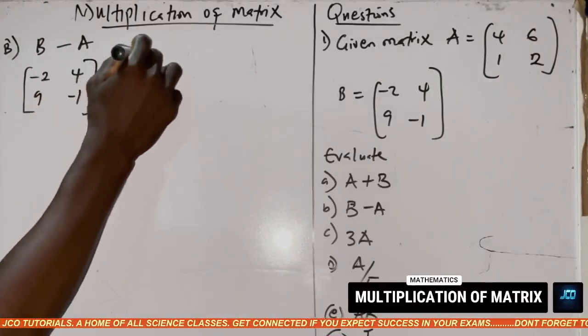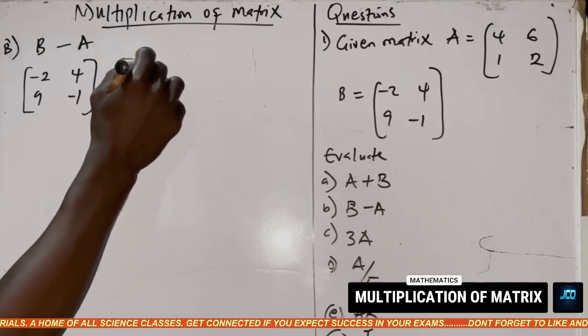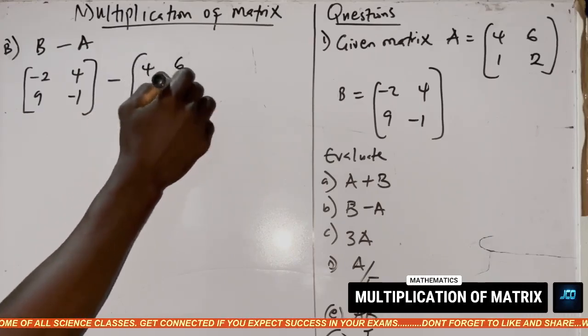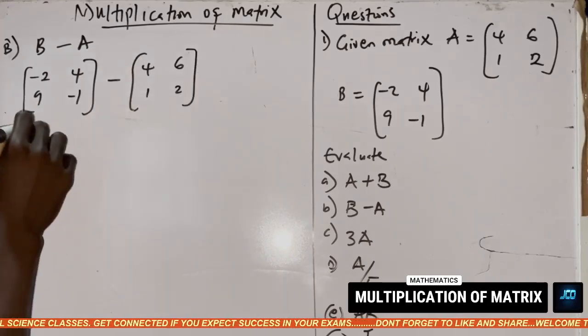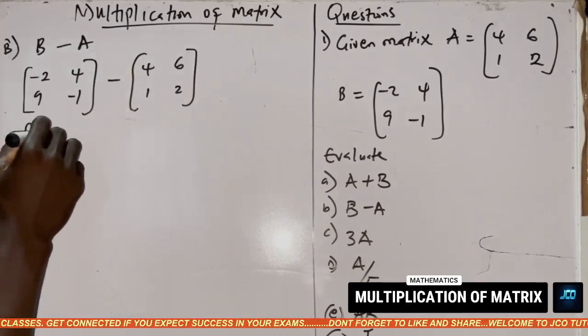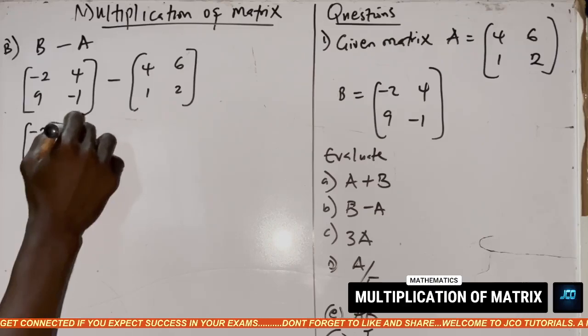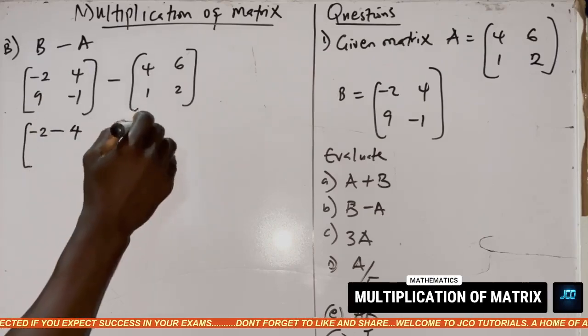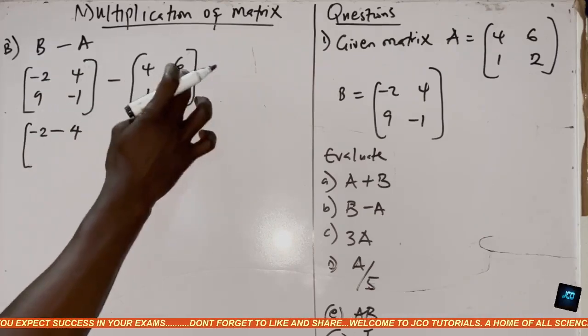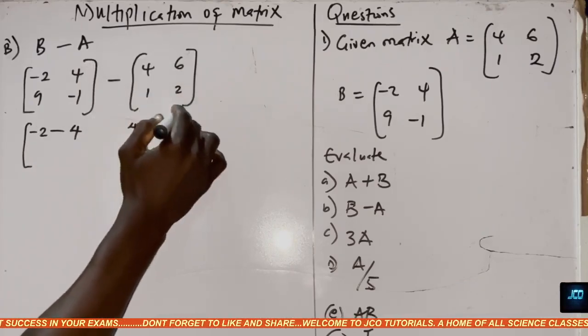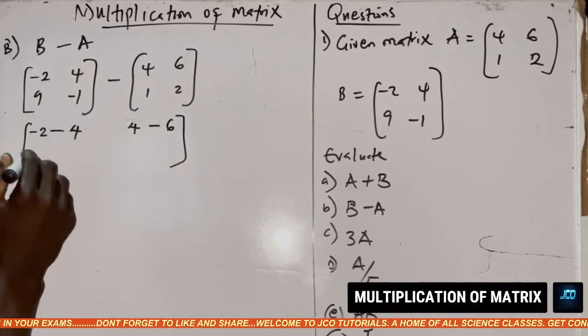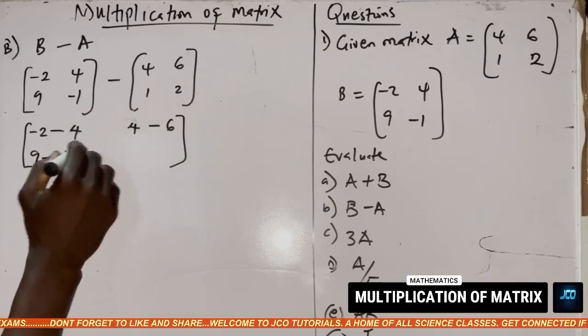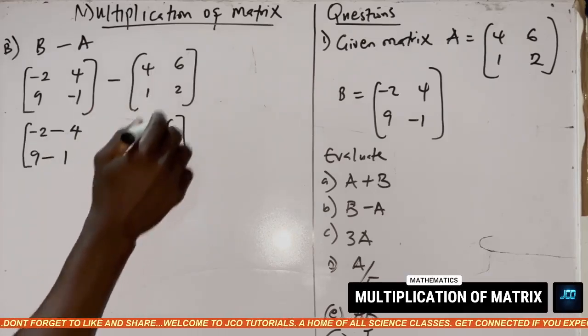Then we are subtracting what? A, which is 4, 6, 1, 2. So you go on, -2 here, minus 4 there. Then 4 here, minus this 4 minus this 6. Then 9 minus 1. Then -1 minus 2.